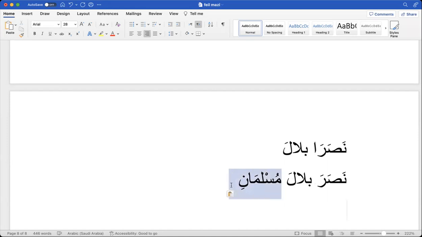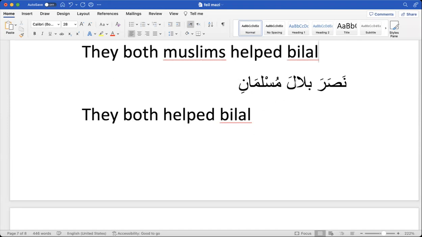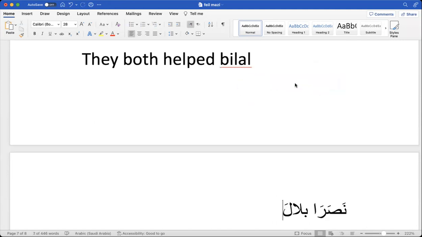Now, if I take this out and put it here, Muslimani Nasara Bilala, does the meaning change? No. Does it remain a Jumla Failiya? No, it becomes Jumla Ismiya because it's starting with an ism. It has stopped being Jumla Failiya. Let me bring that first one also here so that you will have the complete picture.